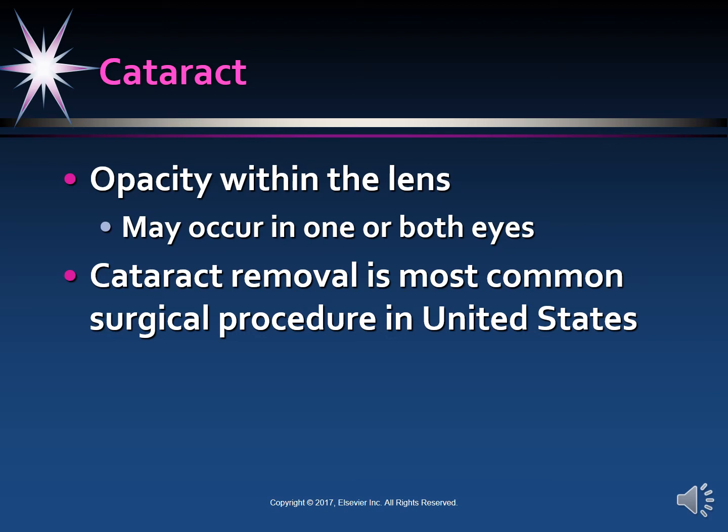You can have a cataract in one eye or both eyes. Cataract removal is an outpatient procedure, and it's one of the most common surgical procedures in the US. Some of you that took 102, maybe this was one of your surgery observation days at an outpatient eye center.